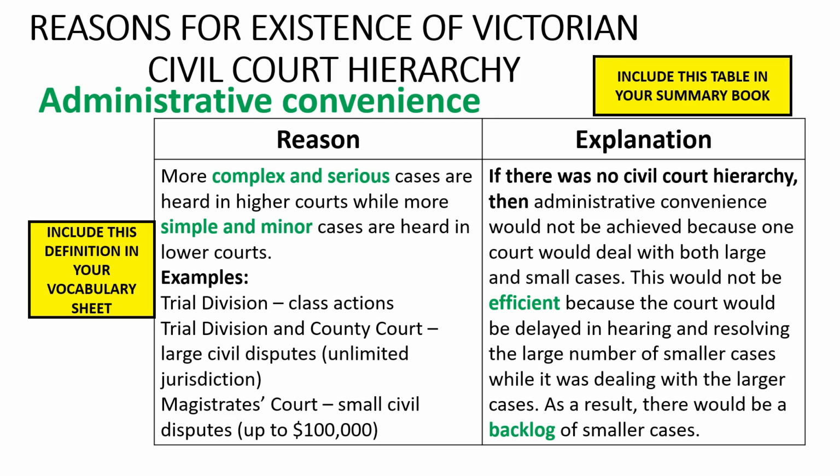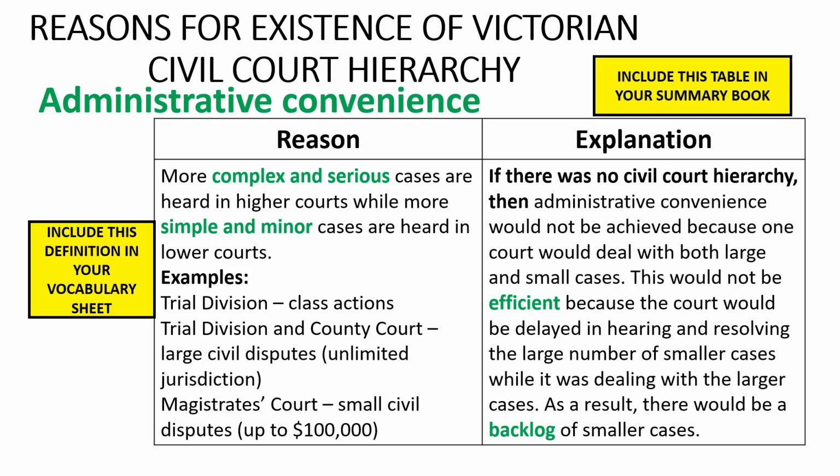It's therefore more efficient to stream larger cases to the higher courts, such as the county court and the trial division, and smaller cases to the lower courts, such as the magistrates' court. Whenever you are describing administrative convenience as a reason for the Victorian civil court hierarchy, try to remember to describe it using the words backlog and efficiency as I've just done.